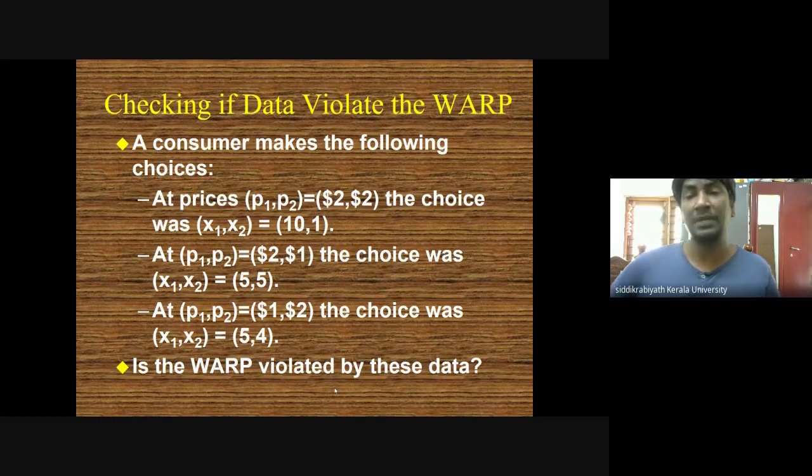At P1, P2, that is the second case, you have this particular combination of 5, 5. Now if you look at the magnitude, the cardinal numbers, it makes no sense. The 10 1 does not give a value, it is only your preference.